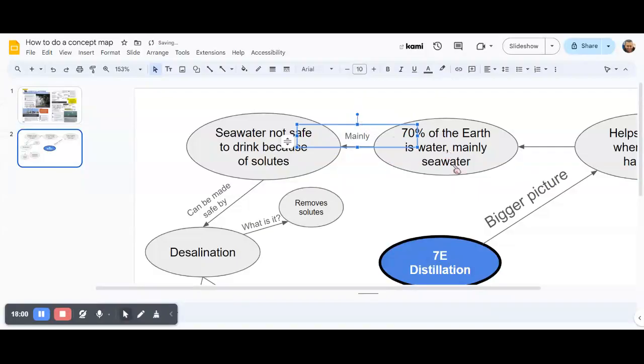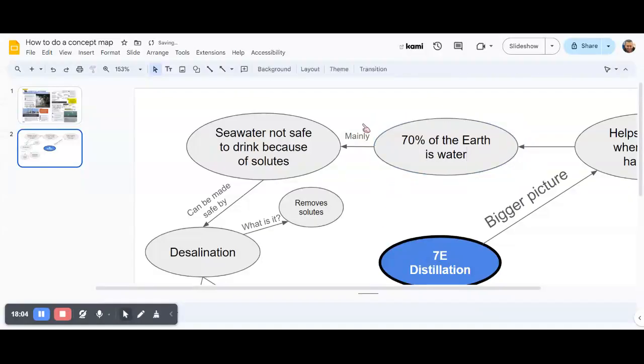So I can now say that this fact here can be linked to this one over here, because 70% of the Earth is water, and it is mainly seawater.